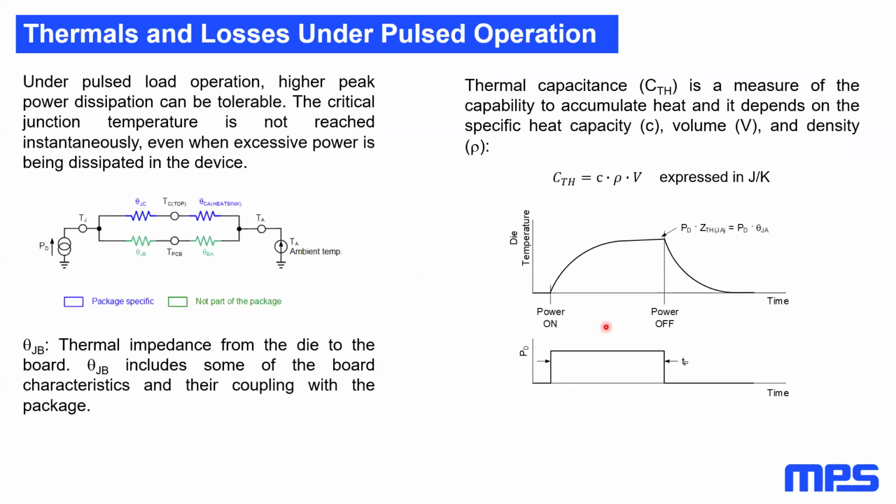Thermal resistance is a quantification of how difficult it is for heat to be conducted and is represented as the quotient of the temperature difference between two given points by the heat flowing between these two points. This means that the higher the thermal resistance theta, the more difficult it is for the heat to be conducted.